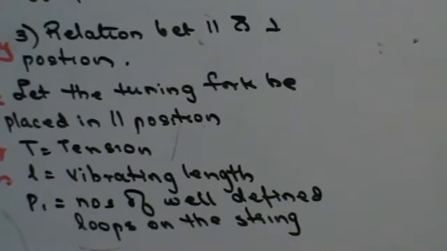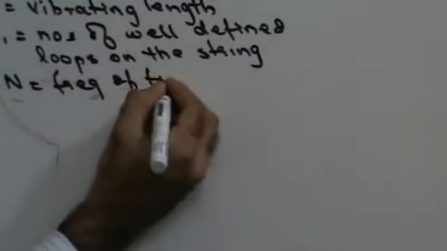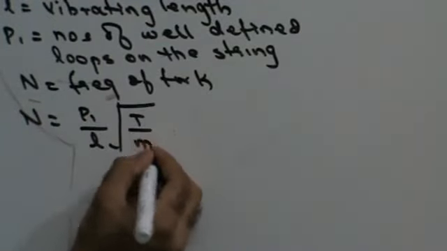Right? Now in that case, I can say that N, the frequency of the fork, will be nothing but p1 upon L square root of T by m. We've already derived this.